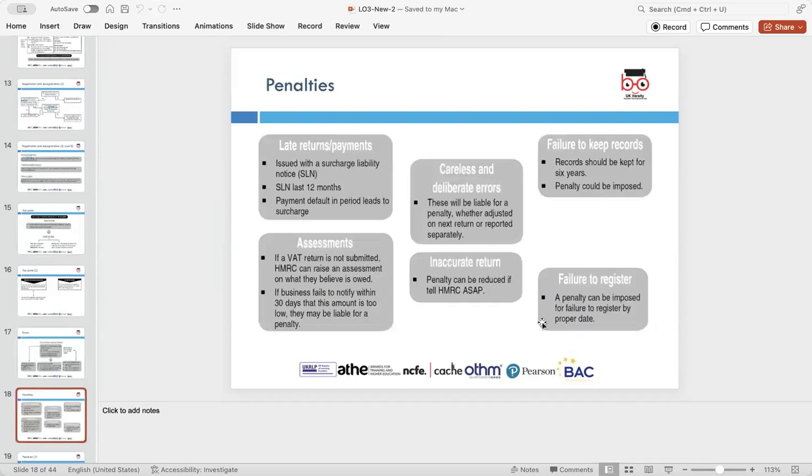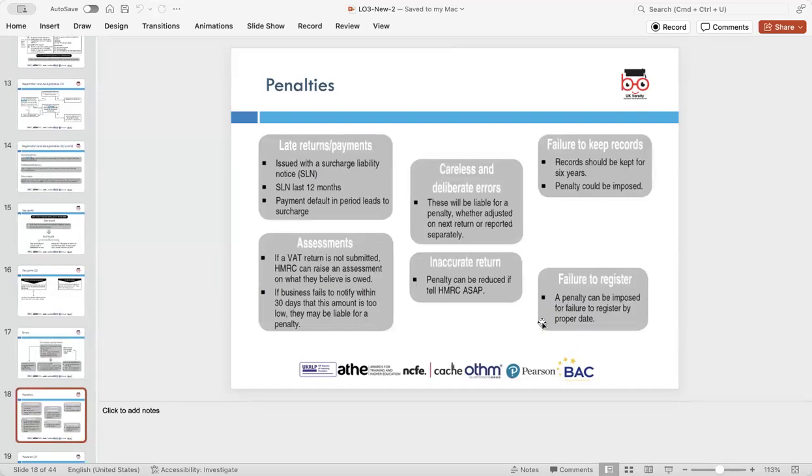Different kinds of penalties: late returns, payments, and penalty implications. Late submission or payment of VAT returns can result in penalties imposed by HMRC. Businesses issued with a surcharge liability notice within the last 12 months may face a surcharge for defaulting on payment.